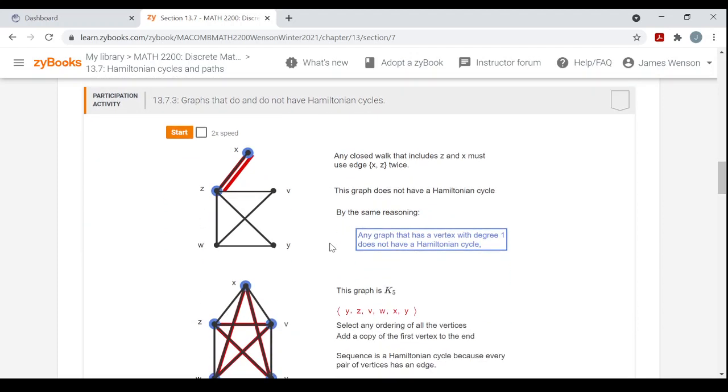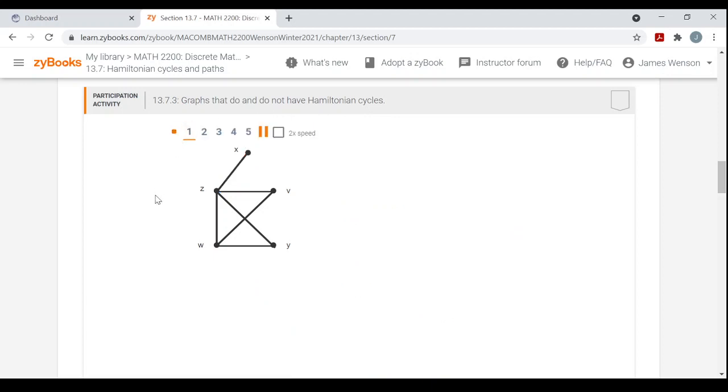So again, I'll play this for you. Graphs that do and do not have Hamiltonian cycles. So look at this first graph here. So they're saying, look, any closed walk that includes z and x must use this edge twice, shouldn't it? Right? Because if I start at z and I have the edge zx and I want a closed walk, I have to go back to z, so I'd have to use that edge twice.